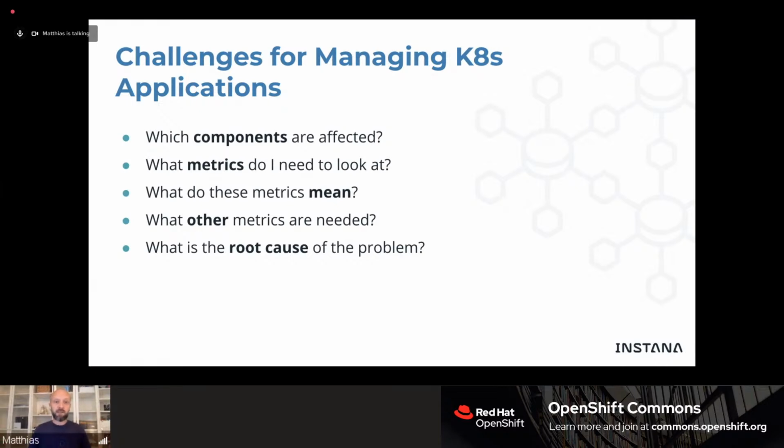And what metrics do I need to look at? What is the CPU utilization? What are the request rates? Where do I start looking? What do all these metrics actually mean, right? Okay, now I've got a list, but how do these work together? Now I've got a couple. What else do I need to look at? And what is the root cause of all this problem?